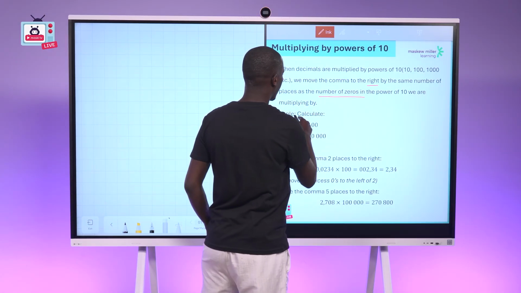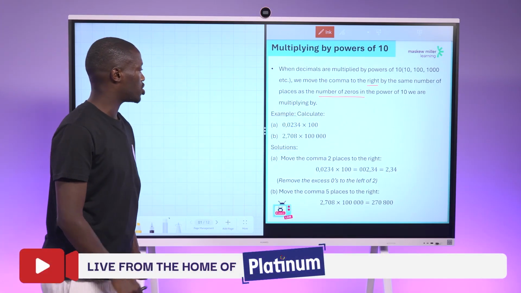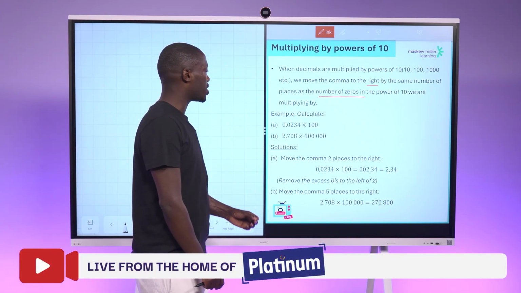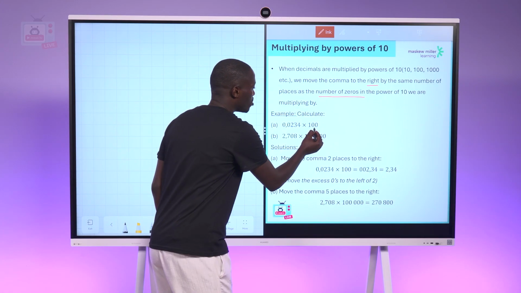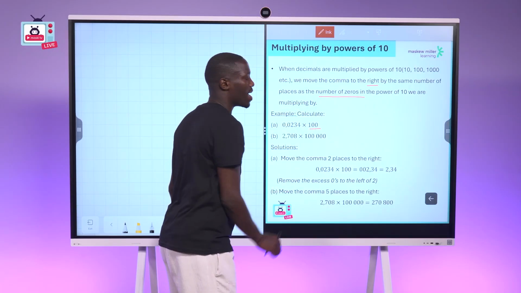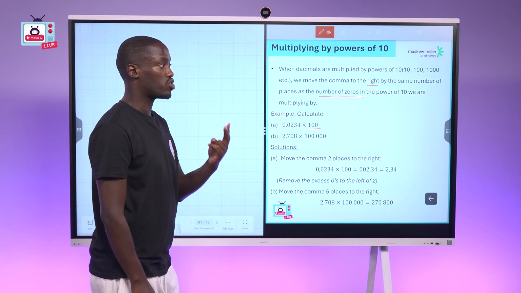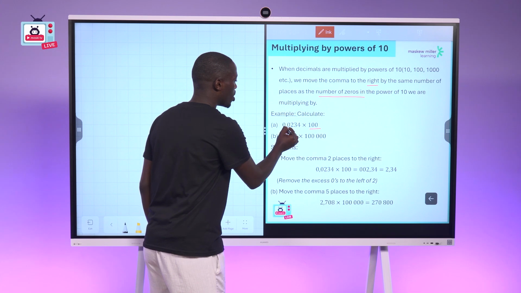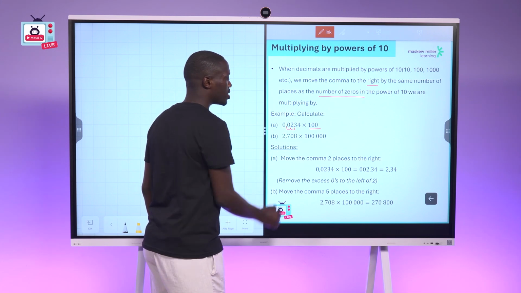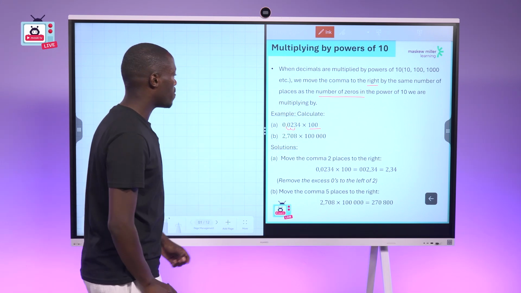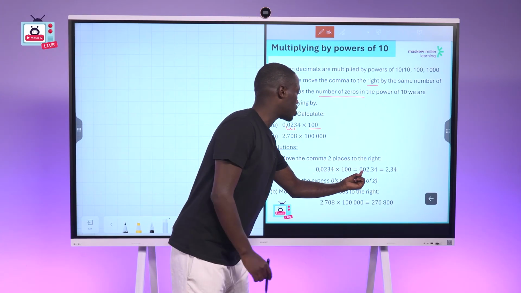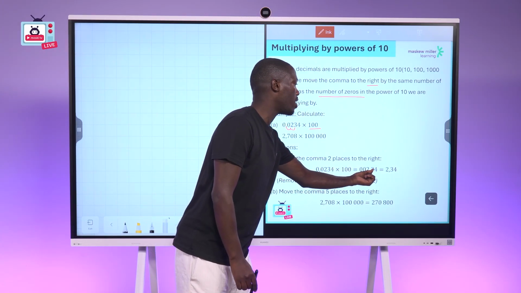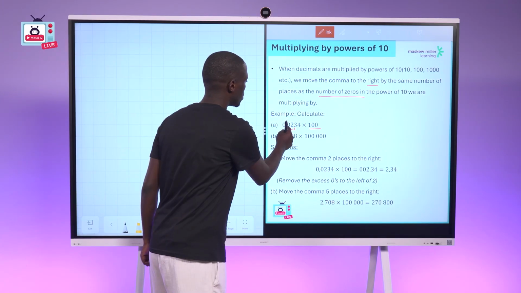Now here it says calculate 0,0234 times 100. How many zeros do I have on the 100? I have 2. So that means I will move my comma to the right how many times? 2 times. And then I will be left with 002,34, which is my comma now.